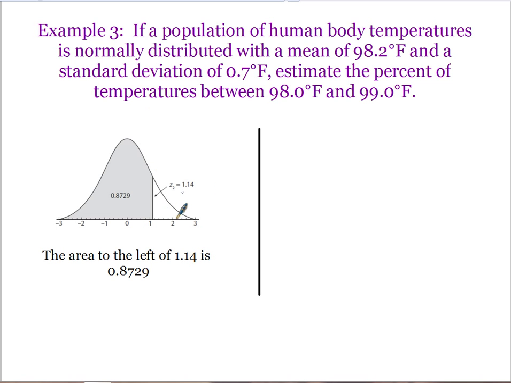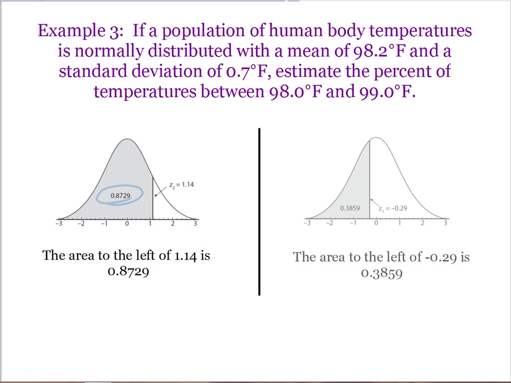For the 1.14 standard deviations, I find on my z-score table a probability of 0.8729. For my negative 0.29 z-score, I look in my z-score table and find a probability of 0.3859.